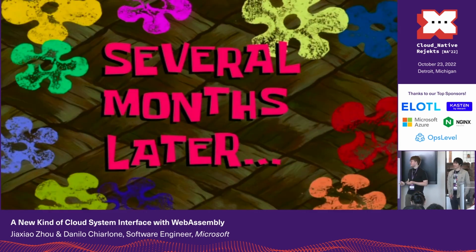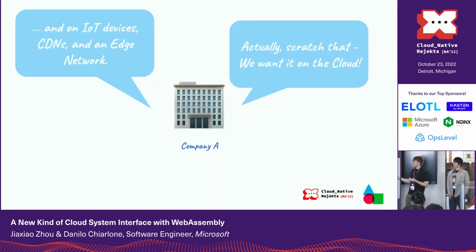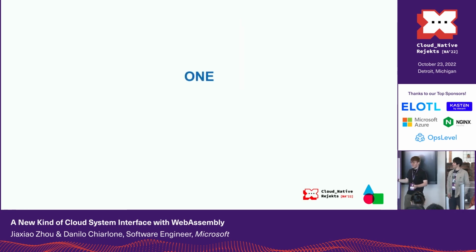And so now, several months later, 1 week before the deliverable, when Company A approaches them and they say, we want it on the cloud, IoT devices, CDNs, Edge, whatever, Person A doesn't panic. They'll use SpiderLightning, they'll use Slight, and with only one configuration line change, they're good to go.